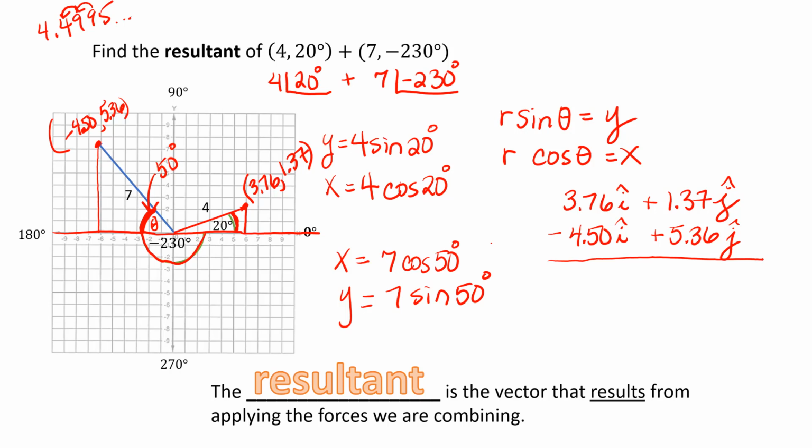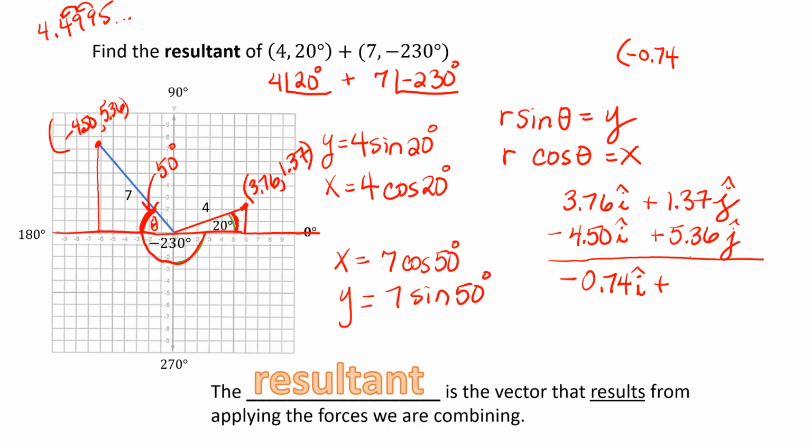If I were writing it as just regular rectangular coordinates, my x coordinate would be negative 0.74. If you're writing it this way, it would be negative 0.74 i hat. And then for your y coordinate, you would add 1.37 plus 5.36, and that would be 6.73.